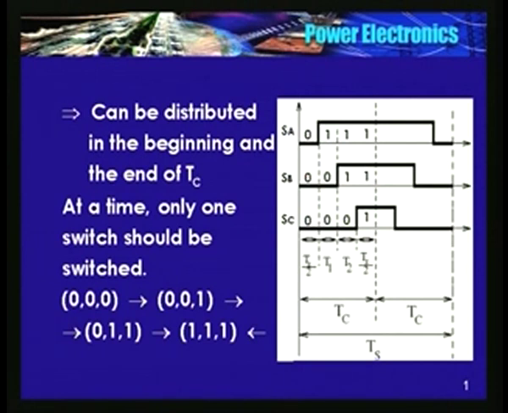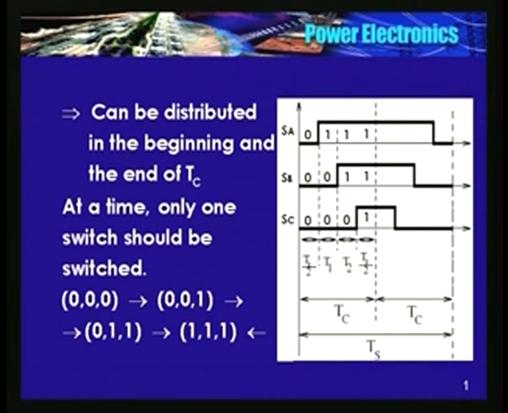And after T1 seconds I will turn off the upper device of phase A. So I have 000. So one complete cycle I have completed for sampling period.